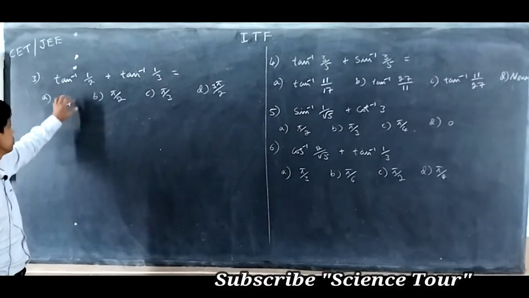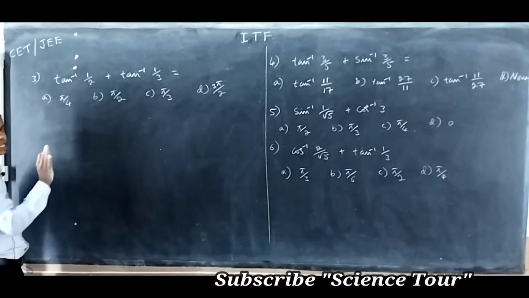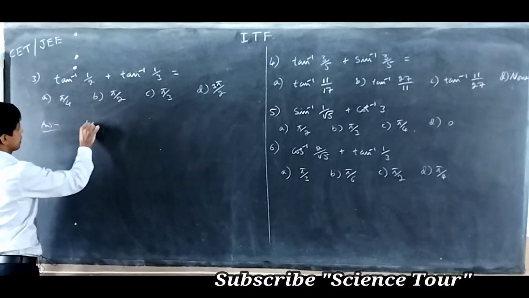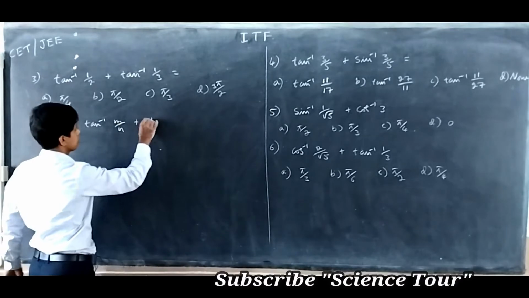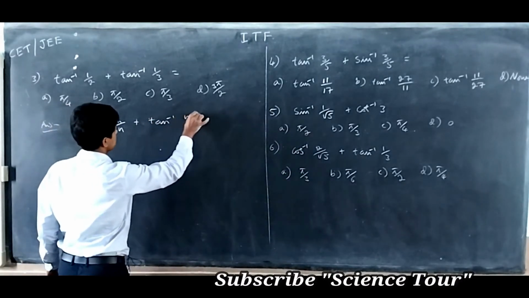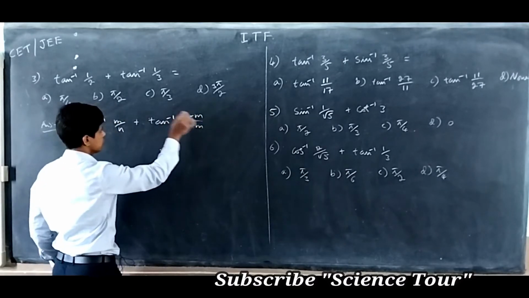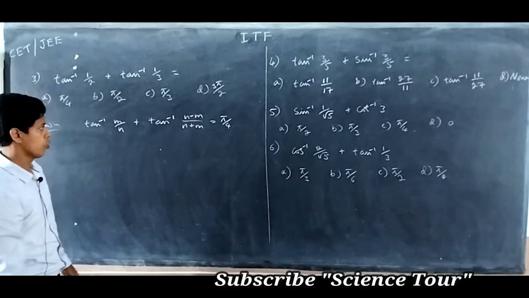But the next option you have, now that you have learned a shortcut method, is to try to use that method. So what method is that? Tan inverse of m by n plus tan inverse of n minus m divided by n plus m. This is equal to pi by 4, not pi by 2, pi by 4, 45 degrees.